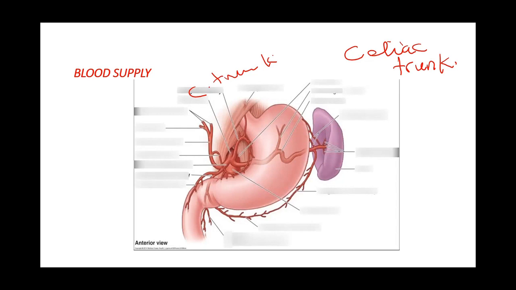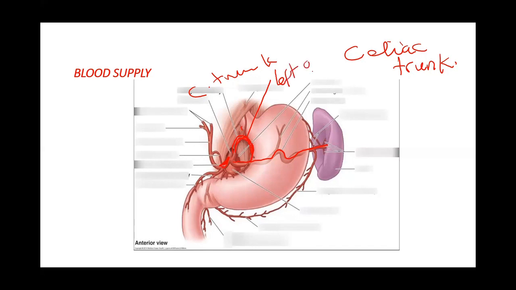This celiac trunk has 3 branches. It has the splenic artery. This is the splenic artery. It has the hepatic artery, as well as the left gastric artery. Okay. Now, you can see the left gastric artery here supplies the lesser curvature of the stomach.